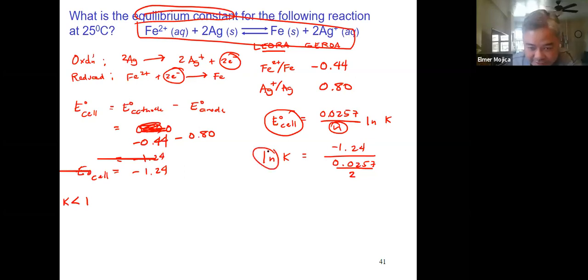I can eliminate the ln here by making it e. So I have this value, 1.24, divided by 0.0257 divided by 2. What do you get?